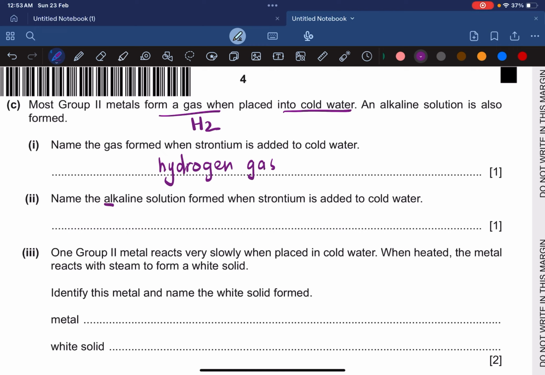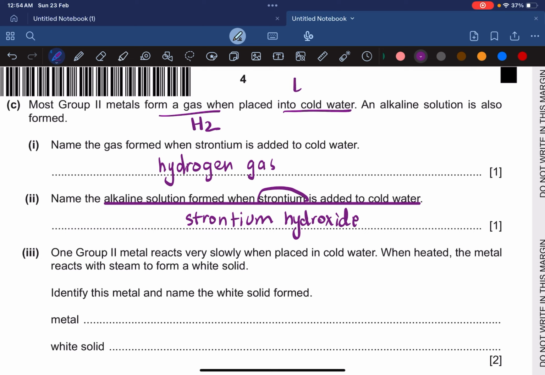Name the alkaline solution formed when strontium is added to cold water. That is strontium hydroxide. How do I know it? I'll tell you guys. Whenever you take a metal, for example lithium, lithium plus water is going to form lithium hydroxide, LiOH, plus H2 gas.